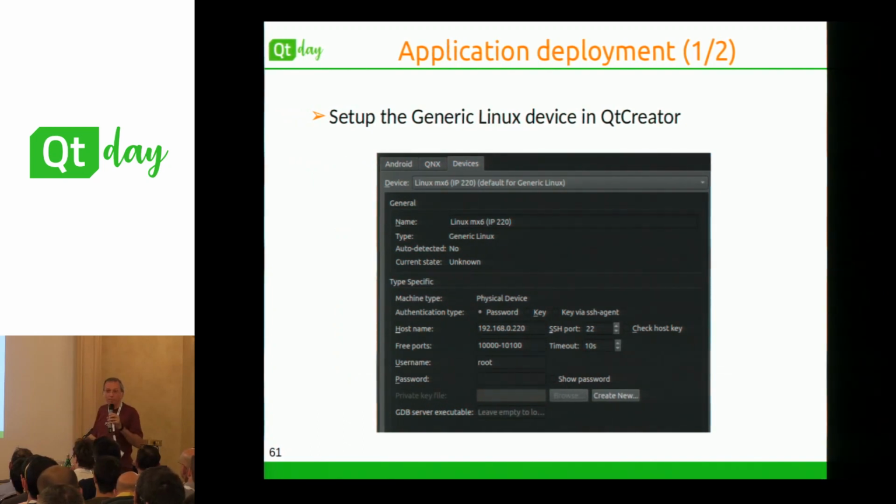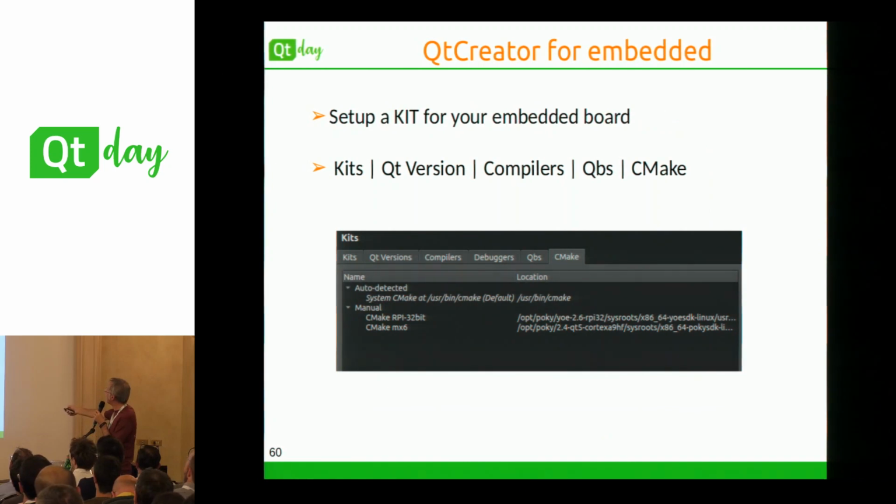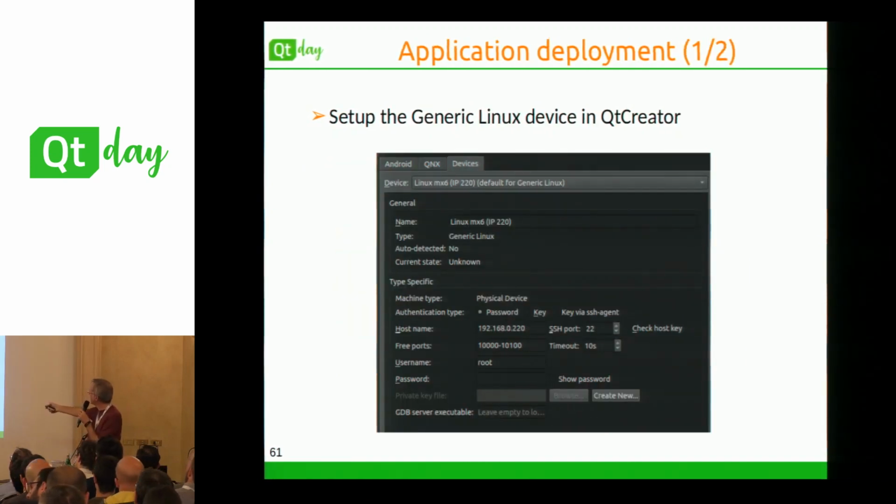To deploy your application, you need to set up the kits. Here, in the kits, there is the possibility to define the IP address of the target system and the password, which with Yocto is root by default, okay? And starting from here, you can deploy because you have set up the OpenSSH daemon instead of Dropbear.